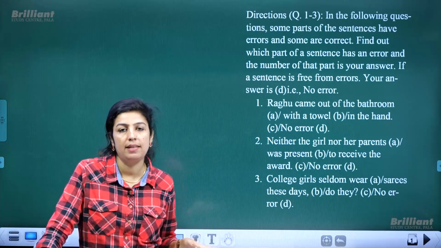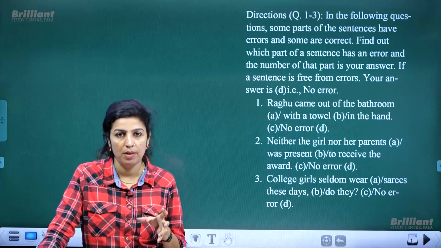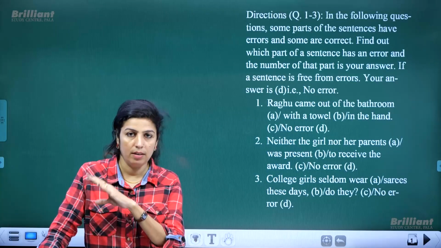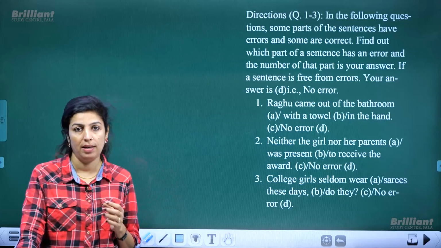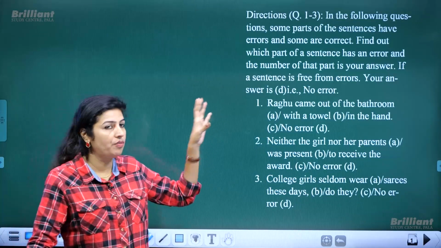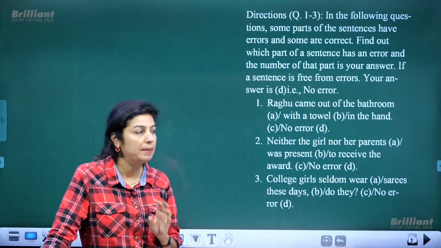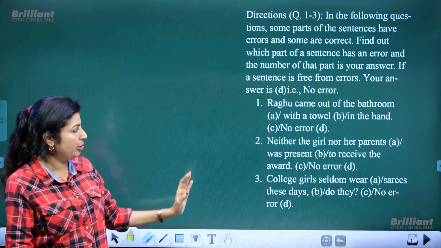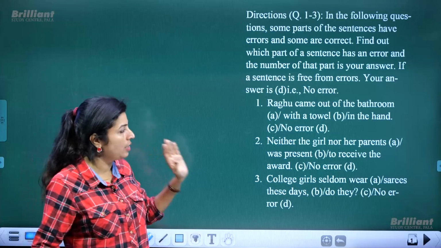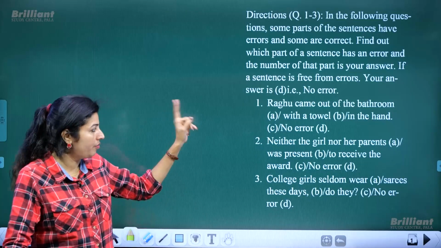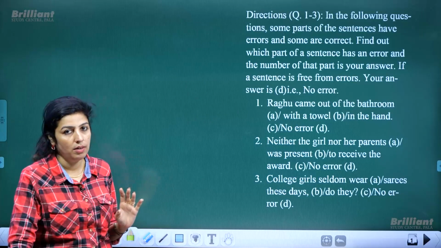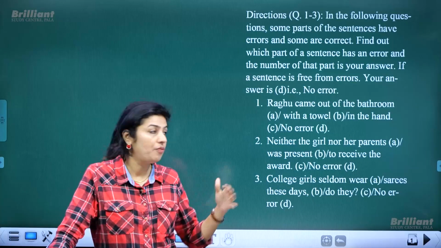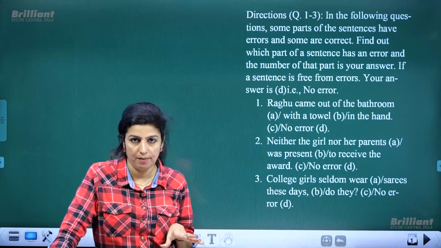We recently discussed how you have to be careful with a few grammatical errors and omit a few grammatical errors, and based on that you have the first set of questions. As usual, the first set of questions, that means first, second and third questions, are based on finding out errors if any of these parts have.